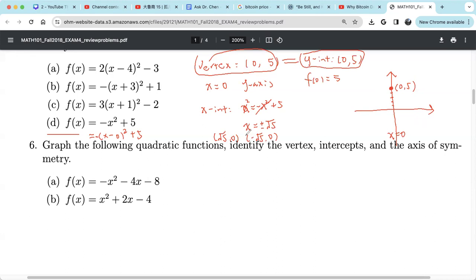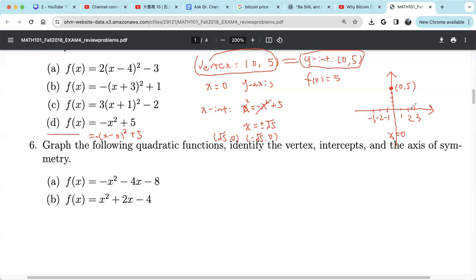So the x-intercept, square root 5, is in between 2 and 3, right? So we just mark this -1, -2, this as 1, this as 2, and -3 and 3, because square root 5 is just a little bit bigger than square root 4, so a little bit bigger than 2 and -2.